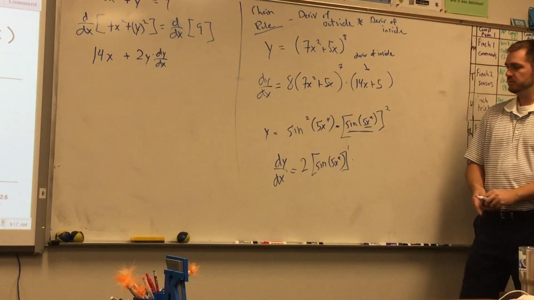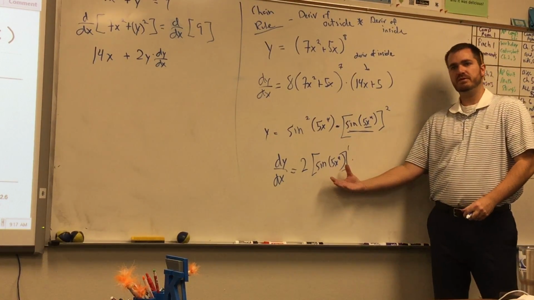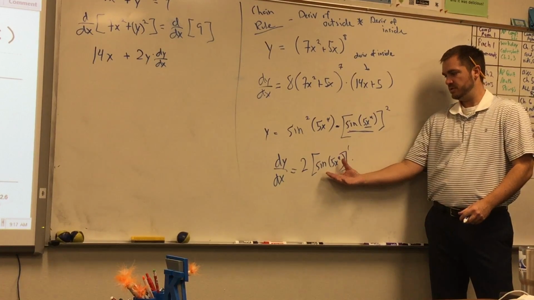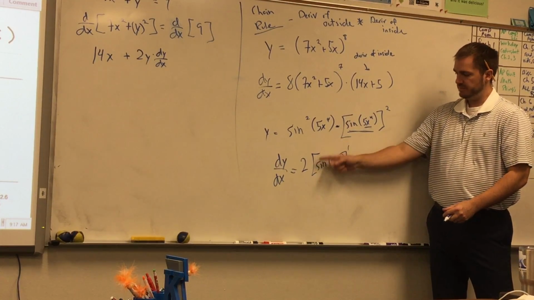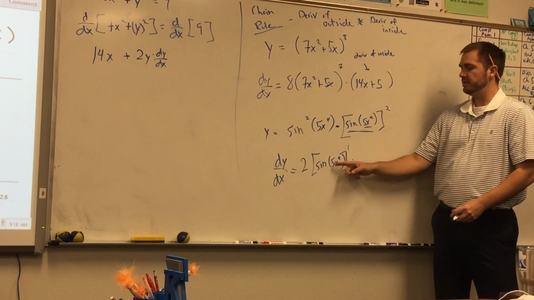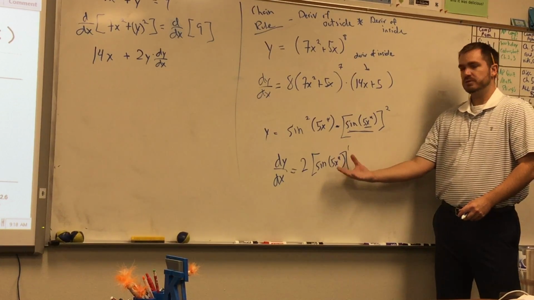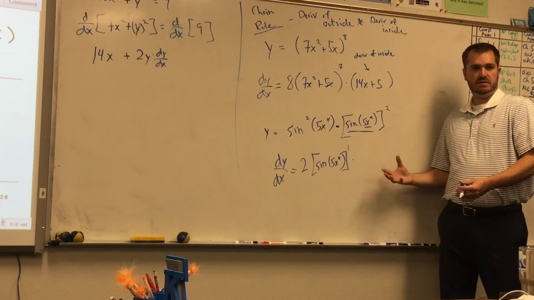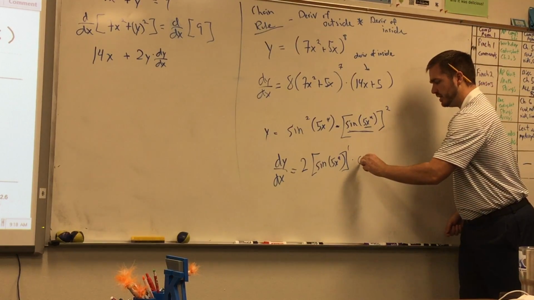But then you have to do the chain rule, so times the derivative of the inside. The inside function is sine of 5x to the 4th. So the derivative of sine of anything is cosine of the anything.